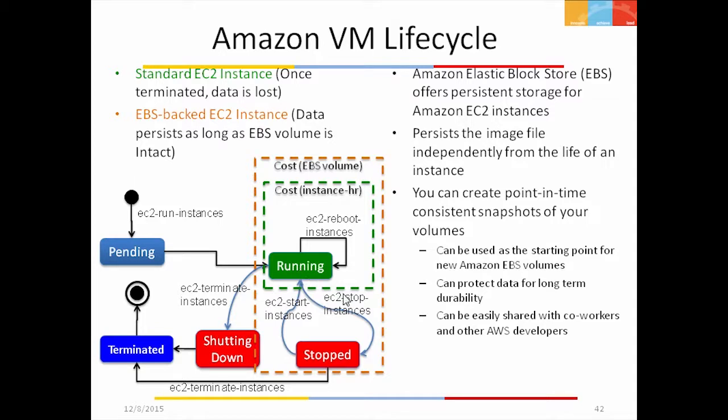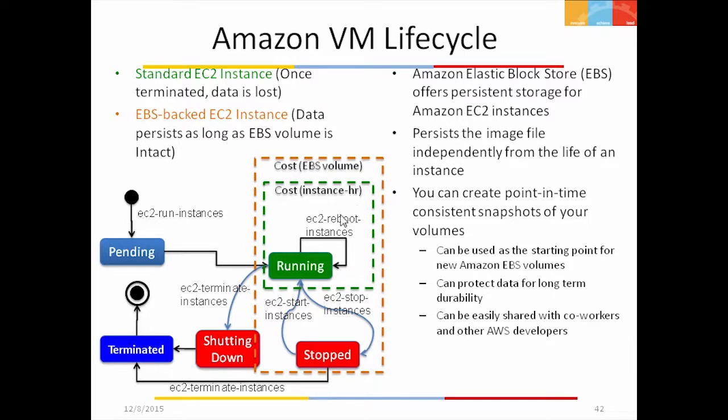From running, when it comes to a stopped state, you don't have to pay for this running cost, which is the instance hour, but you still have to pay for the EBS volume, which is why I have shown that in the orange boundary. But from the stopped state, when you shut down or terminate, you don't have to pay for this as well as this.